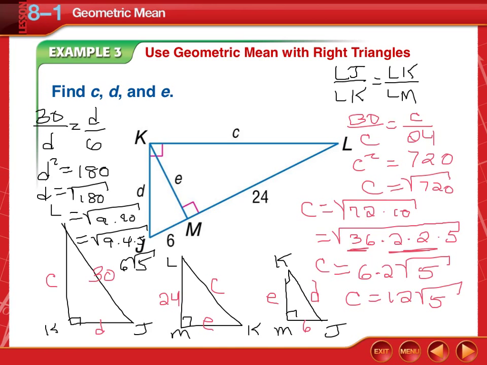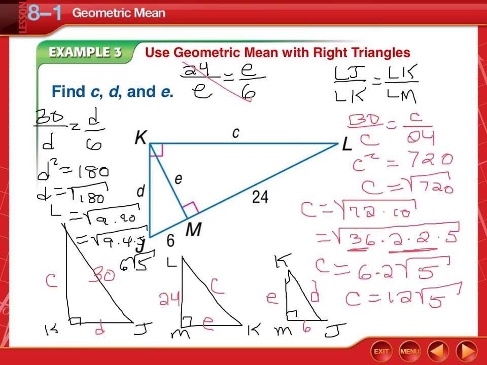Finally, we can look to solve for E, the altitude here. Looking at the medium triangle and the small triangle, we have the short side E and the long side E here, and we have the long side 24 and the short side here 6. So we can set up that proportion, 24 long side is to E long side, as E short side is to 6 short side.